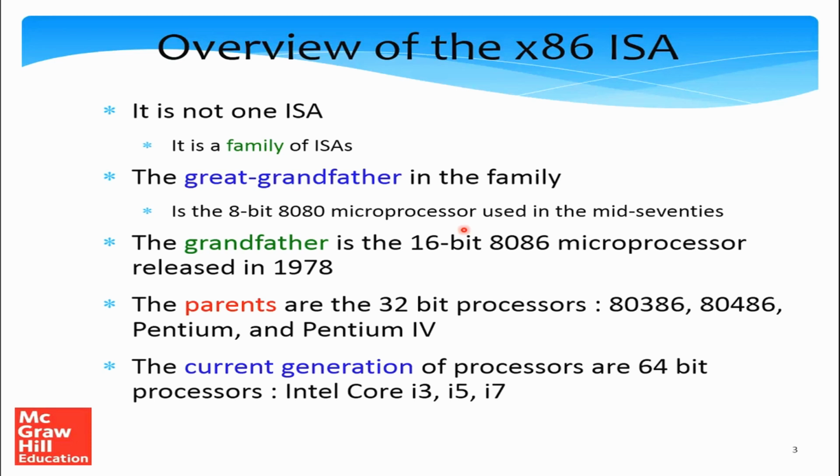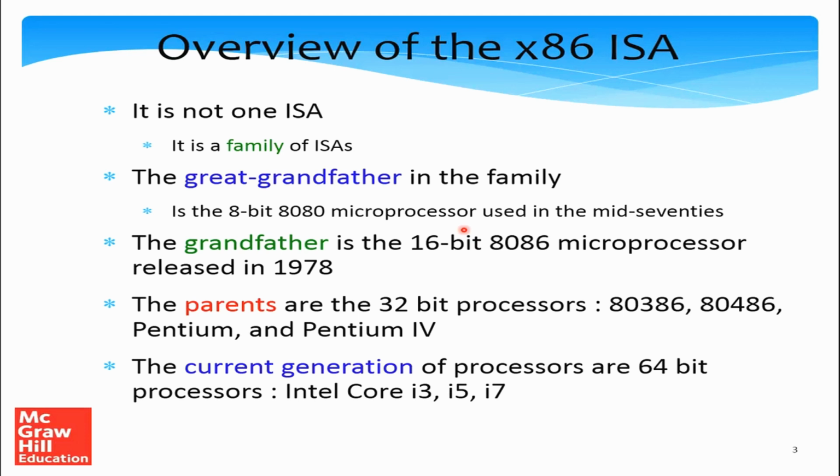Alternatively, this means that the size of a register is 32 bits in a 32-bit processor and is 64 bits in a 64-bit processor. And even the size of memory addresses that can be issued by the processor and so on, in one case is 32 bits, in other cases 64 bits.